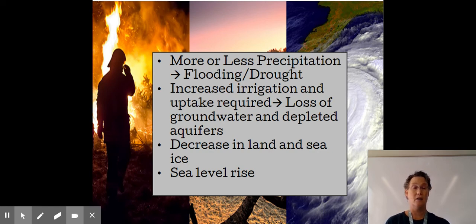These are all things that are absolutely going to happen as the earth warms, and we're seeing these effects right now. This is one of the reasons why it's good to mitigate and slow down our impact on the greenhouse gases in the atmosphere, because it is changing the water cycle.